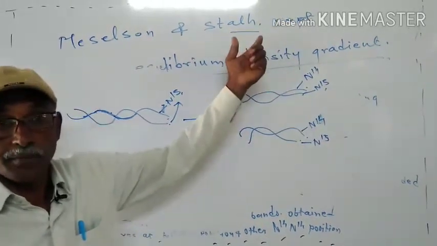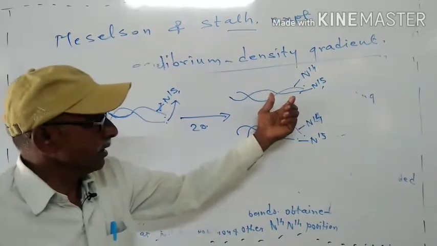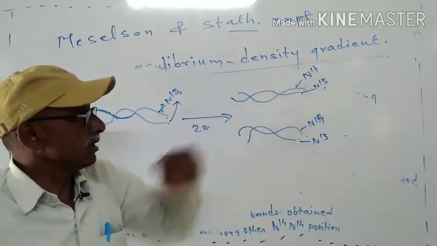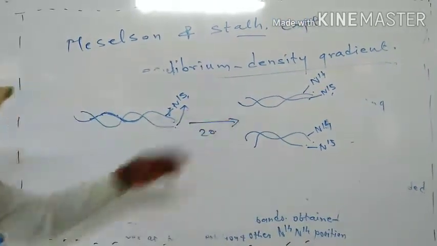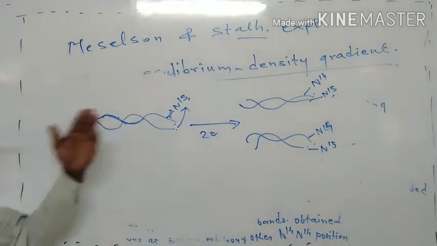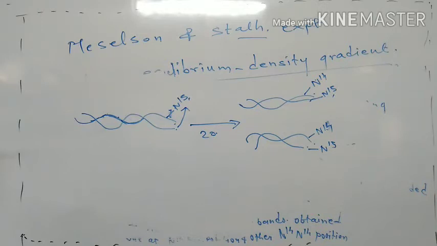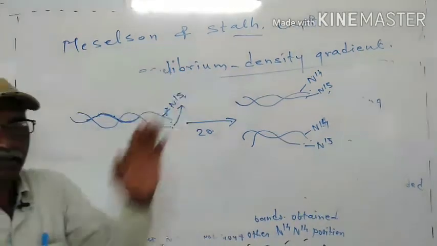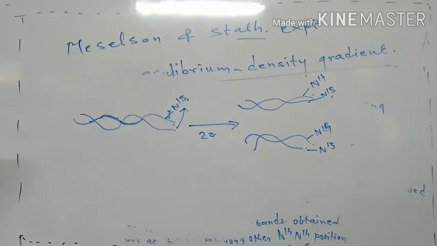By using the medium of N14, the new strand was of N14. So in the daughter DNA a newly synthesized strand is formed, and one is retained from the parent.